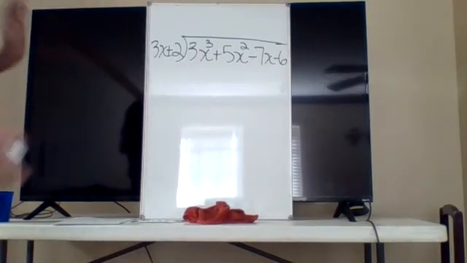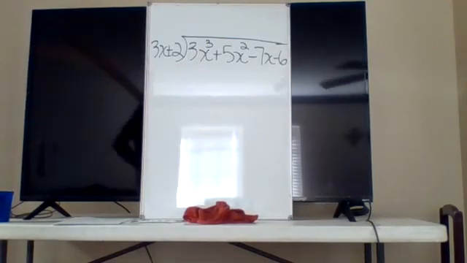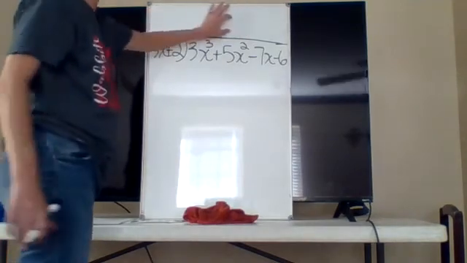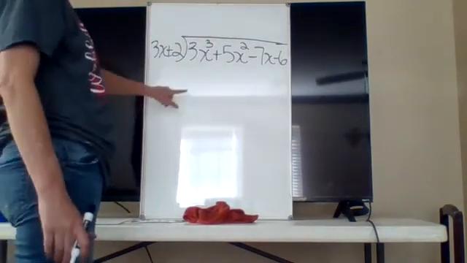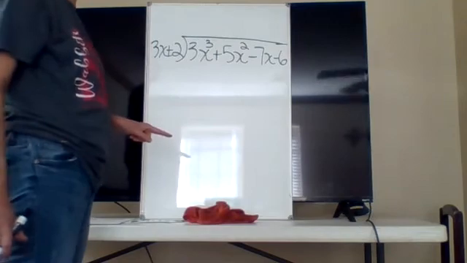Okay, so we're going to divide this one just like we've been doing the other ones. And what we have left up here will end up being the length of that rectangle.